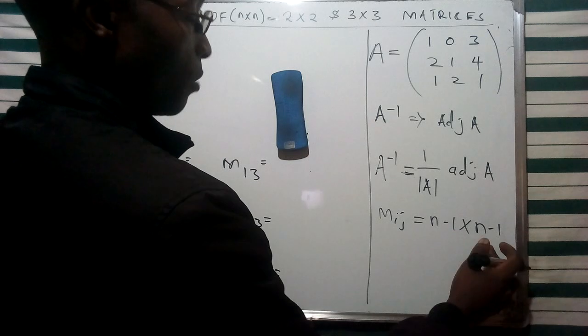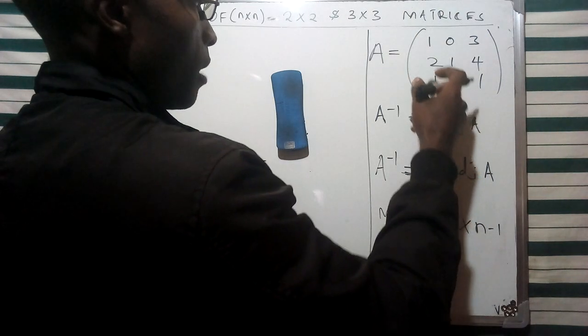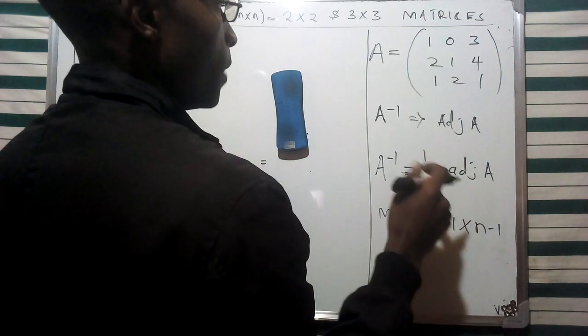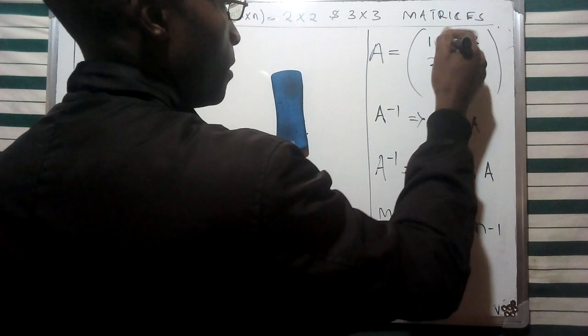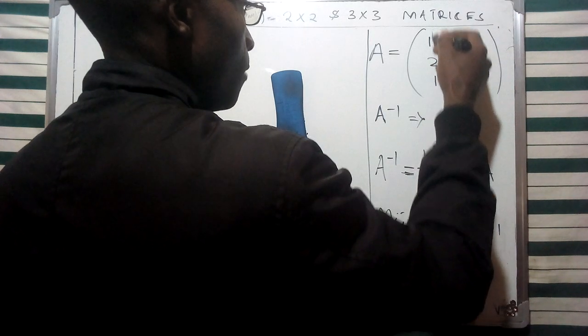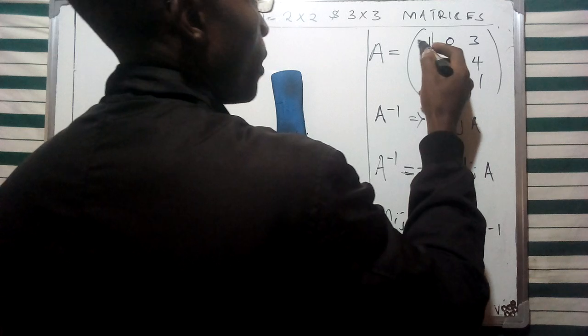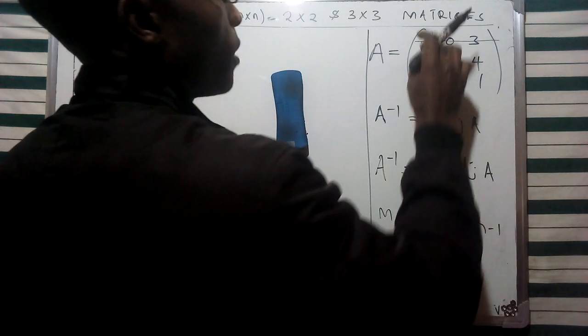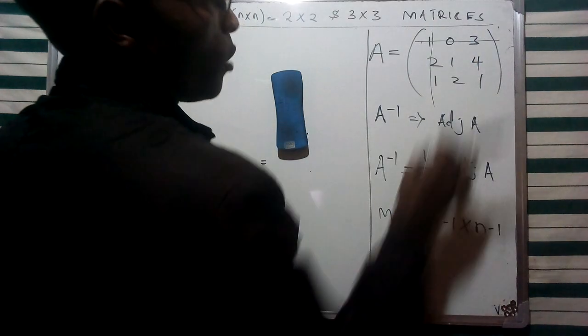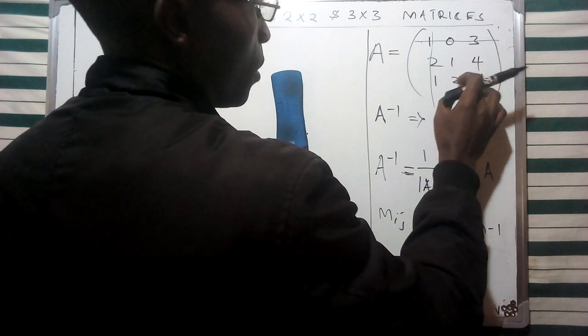For a square matrix, we're going to delete a row and a column, and then we find the submatrix which remains. For instance, if I delete the first row and then the first column, we're going to remain with 1, 4, 2, 1.